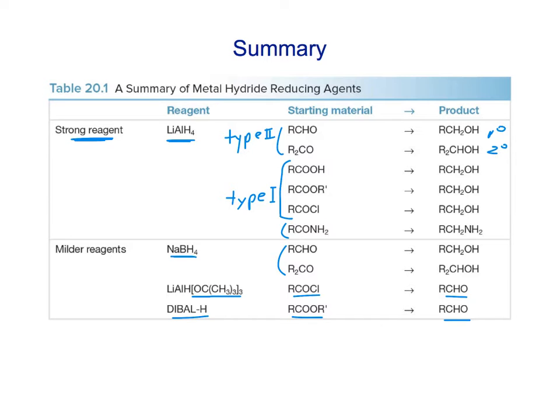So what if we wanted to reduce an ester to an aldehyde, but we didn't have DIBAL? We had other reagents, but we didn't have that. Let's say we wanted to go from here to here, and we're losing the methoxy group or methanol on the way, but we have no DIBAL.